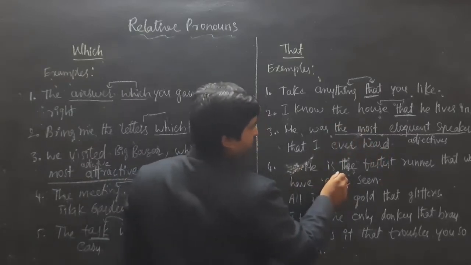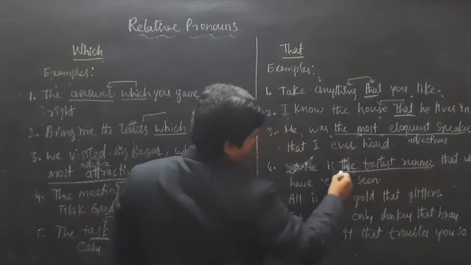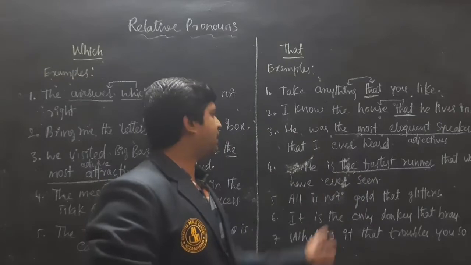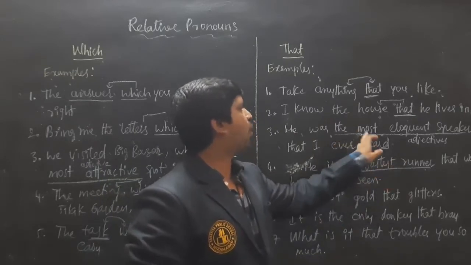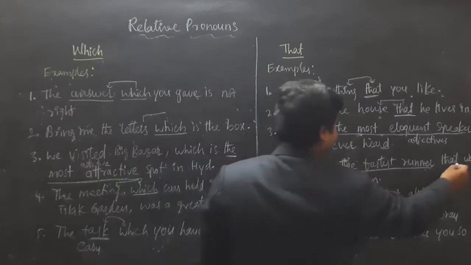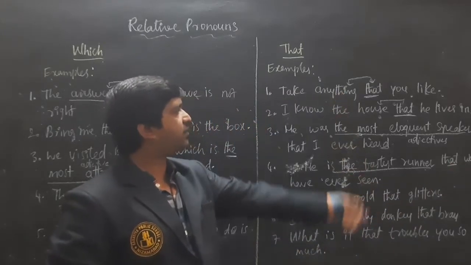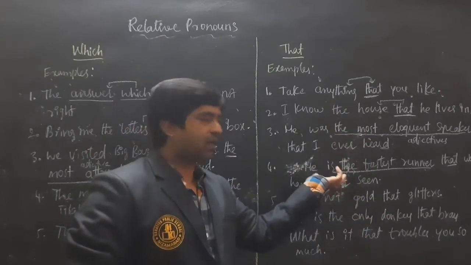Here also we are using "that" with adjectives in the superlative degree. He is the fastest runner. In the same way, this is also a superlative degree: the fastest, the most eloquent that we have ever seen. We use "that" with the superlative degrees.